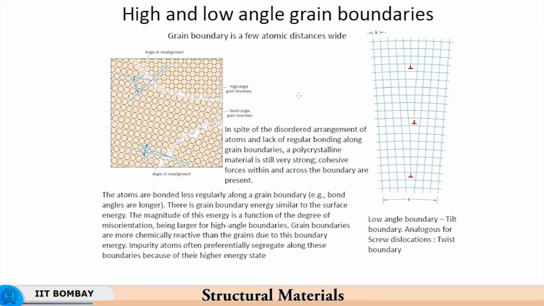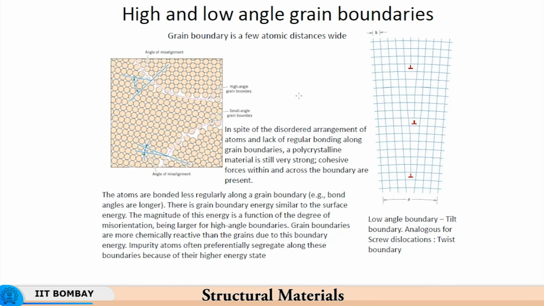So when you subject the material to what is called severe plastic deformation, plastic deformation to extremely high strains, the extent of distortion, the extent of permanent deformation in the material is extremely high. In that case, you will get high angle grain boundaries. That is because you need to accommodate the large amount of dislocation density that has been created by way of storing that strain energy generated due to the severe plastic deformation.